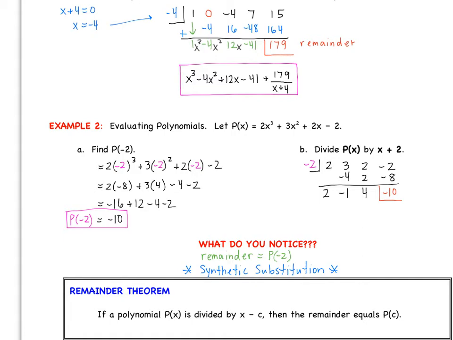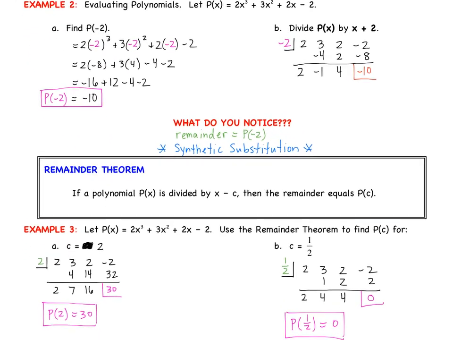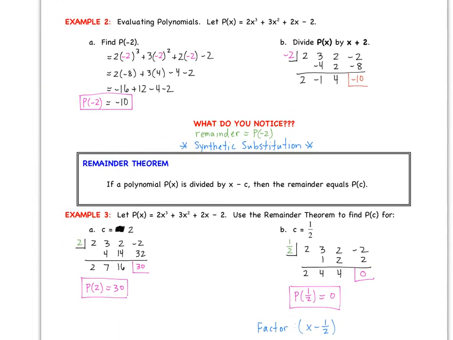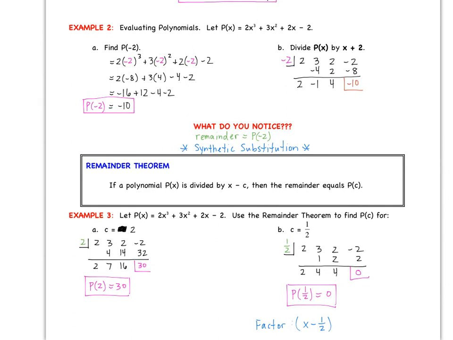Okay? So that's what leads us to the remainder theorem. All right? So the remainder theorem says if a polynomial, p of x, is divided by x minus c, then the remainder equals p of c, meaning c is the value that goes in that corner.